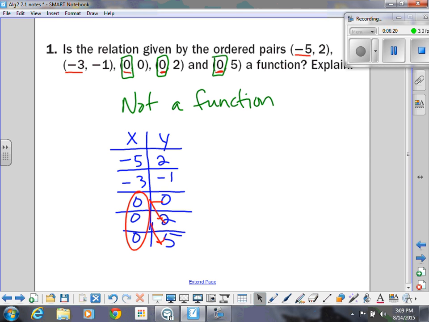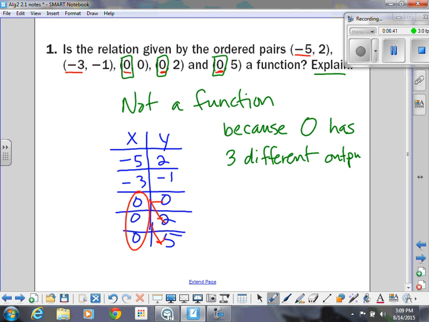So when it says this is not a function and to explain, all you have to say is it's not a function because 0 has 3 different outputs. If it was a function, we could say, yes, it is a function because each input has only one output.